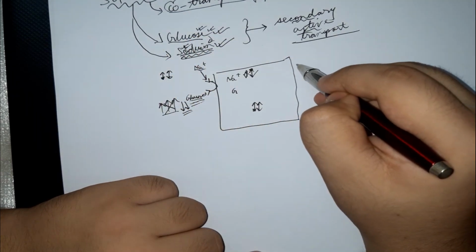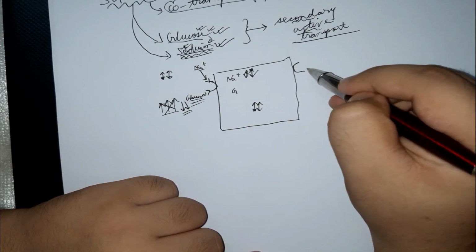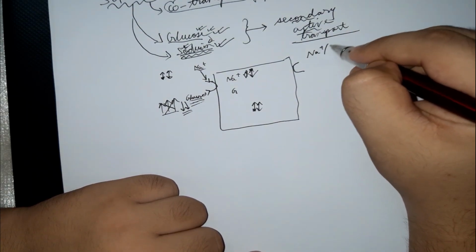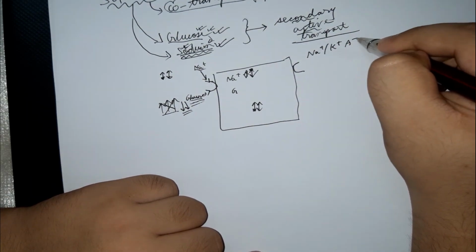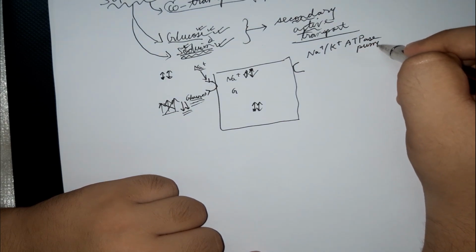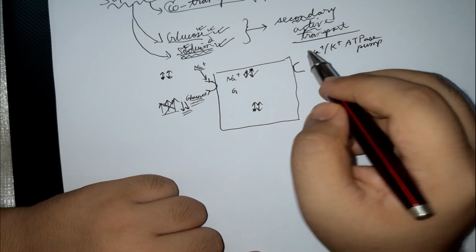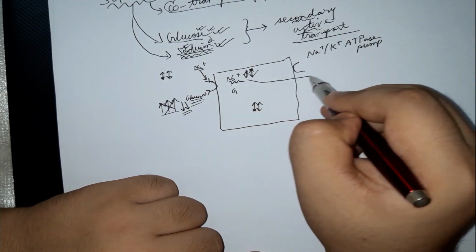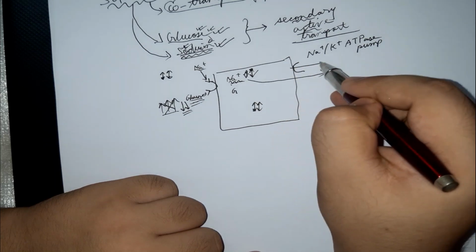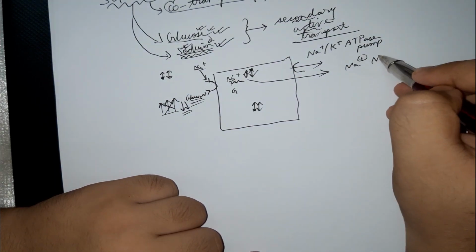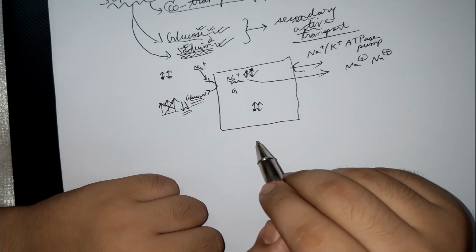But there is another transporter, and this is a famous transporter. This is the sodium potassium ATPase pump. What this pump will do is pump out this sodium back to the extracellular compartment.